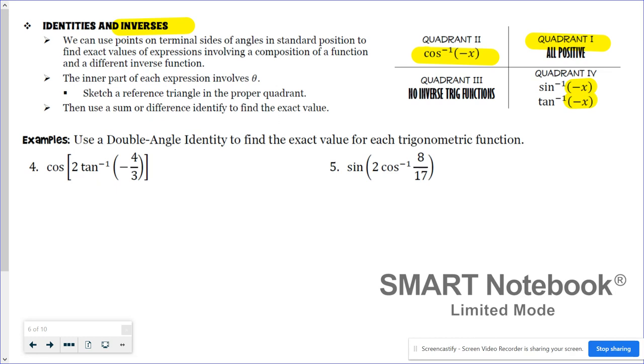Okay. So when we look at 4 and 5, they look a little intimidating. I'm supposing that you're thinking that, but just remember, the inverse trig function involves an angle. It's basically representing your angle.